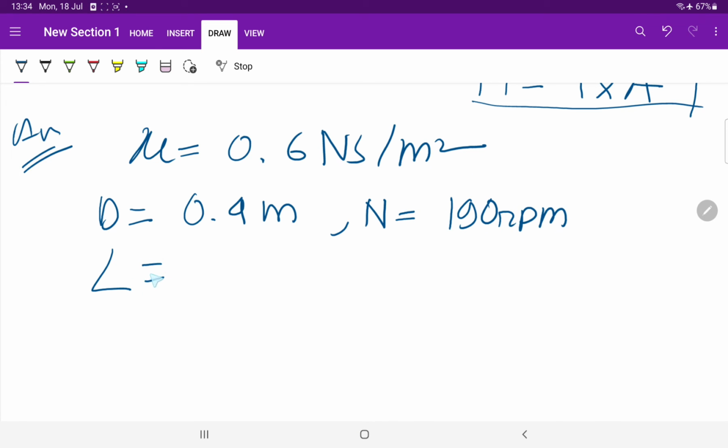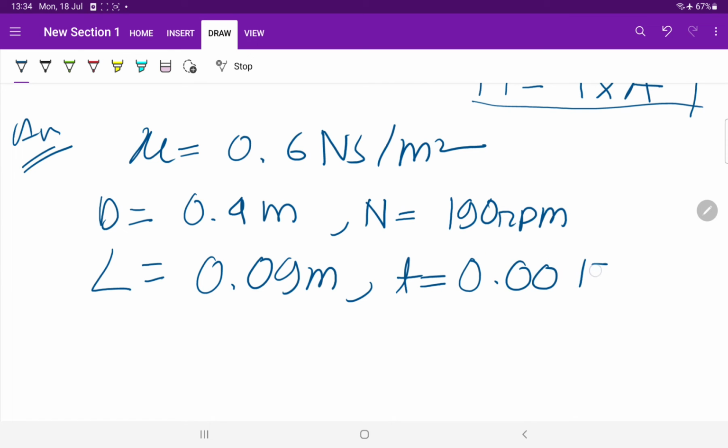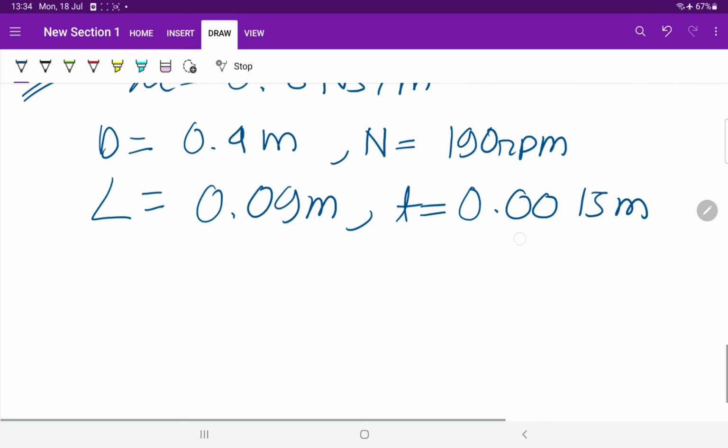L is the length of this bearing sleeve, so sleeve length L is 90 mm, which is given, you could just write it 0.09 meter directly. And then another thing which you have is the thickness of the oil film. So thickness of the oil film, T is equals to 1.5 mm is given, so 0.0015 meter.